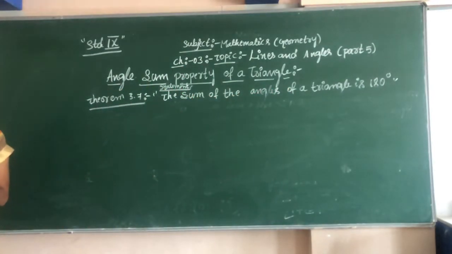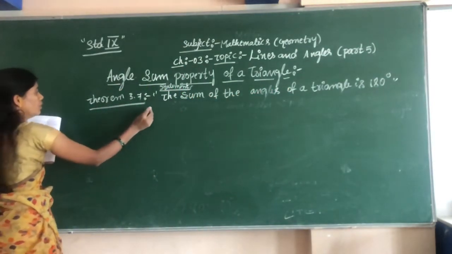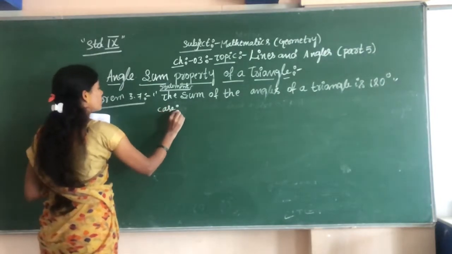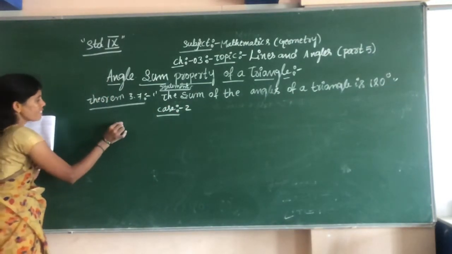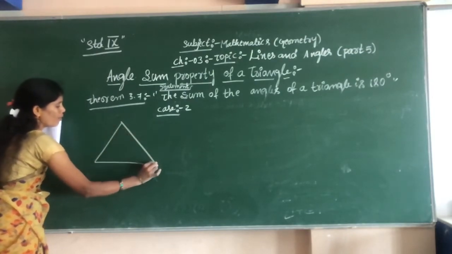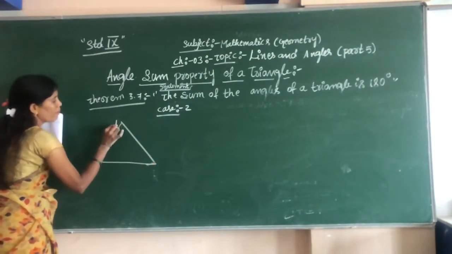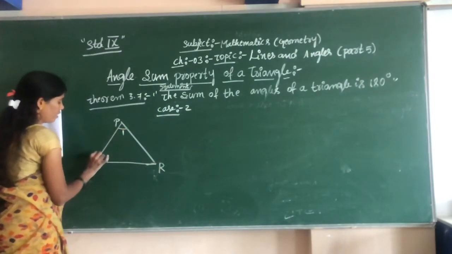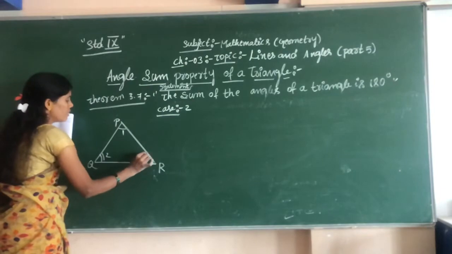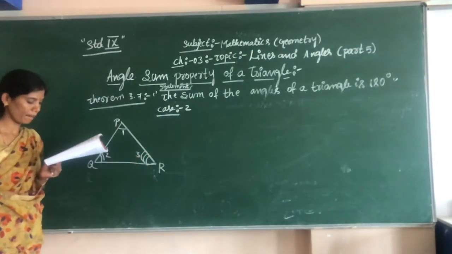Case 2. You see children, it is triangle PQR. This is angle 1, this is angle 2, this is angle 3.